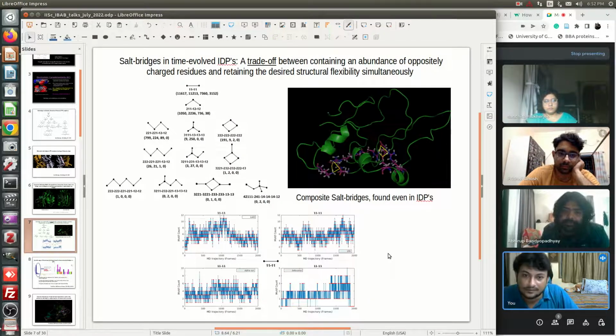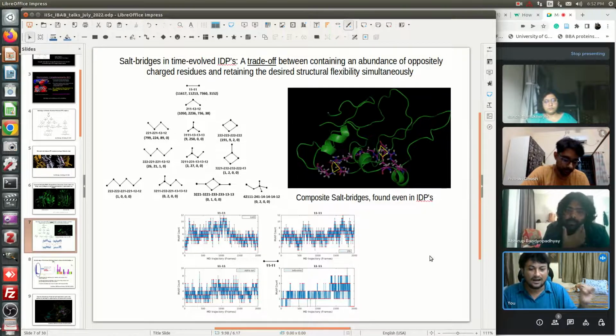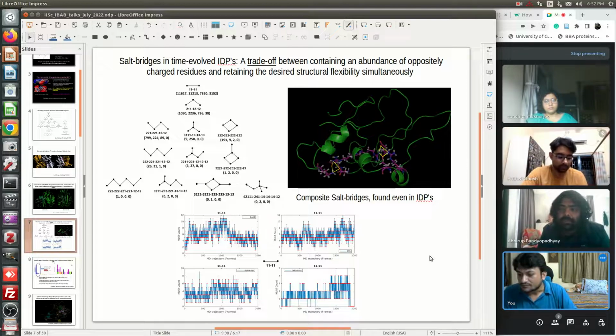So then, carrying on our first work on salt bridges, we further explored salt bridges in intrinsically disordered proteins, explicitly in IDPs. The key question that we try to address here is that IDPs are characteristic of physical flexibility or structural plasticity, and they are also characteristic of accommodating a large abundance of oppositely charged residues.